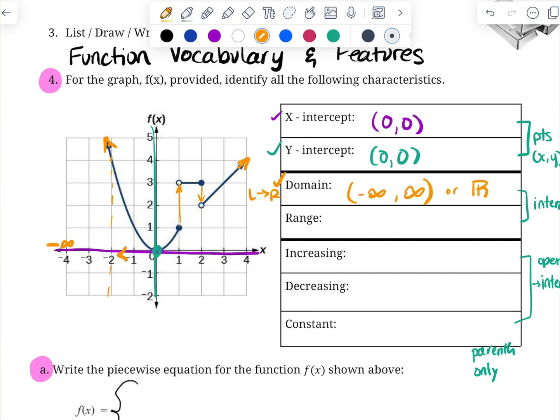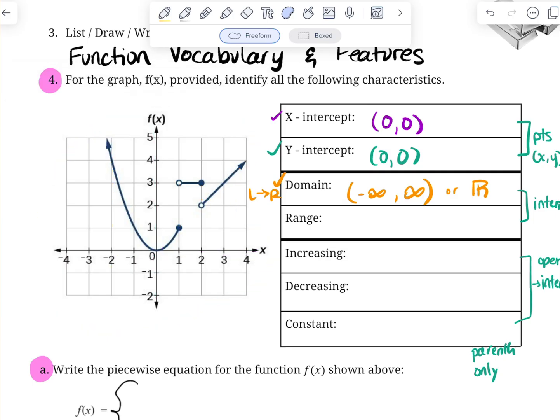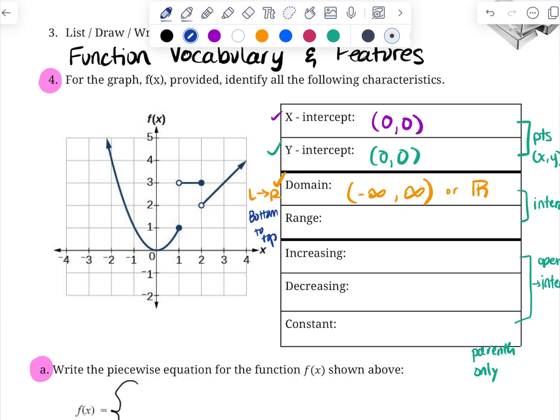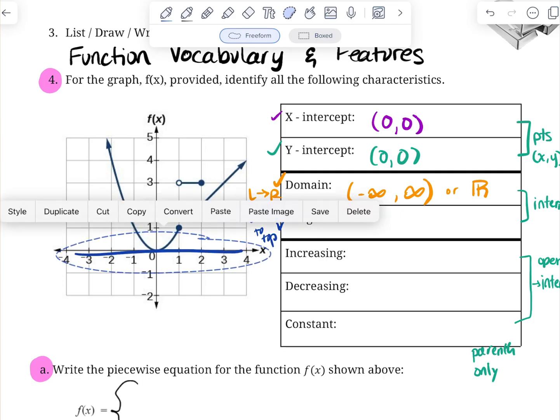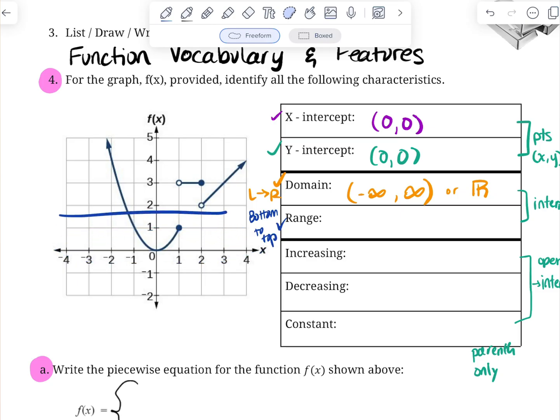So what about the range? For the range, you want to look from the bottom to the top of your graph. So you want to start down here and visually think, what's the first thing I hit? Well, the first thing I hit is 0, and then I keep going. My graph looks like it breaks if I'm looking over here on the right, but on the left, it doesn't break. It keeps going up and up forever, and then again I hit some more arrows.